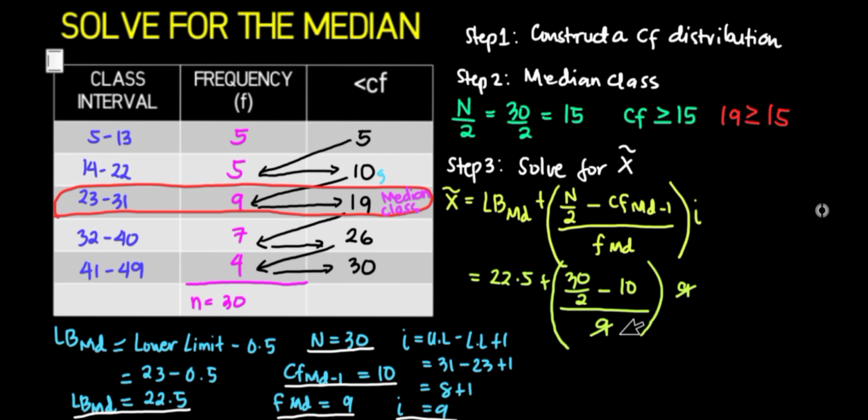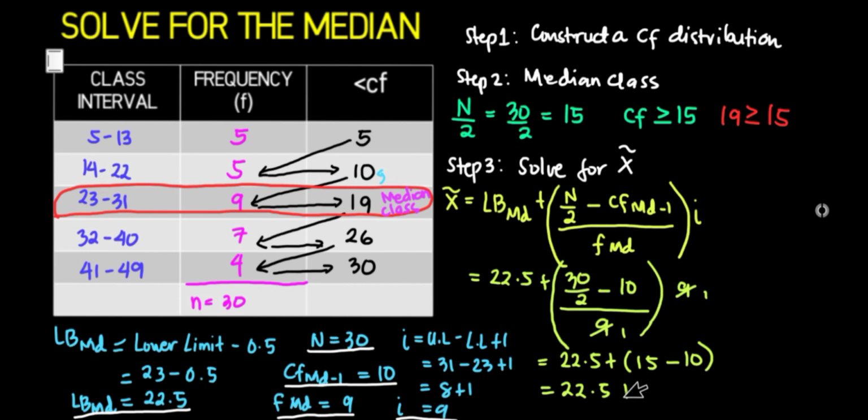So, solve ulit natin further. 9 and 9 pwede ko makancel. So 22.5, plus, since over 1 na lang to, yung taas na lang po yung matitira. So, solve natin yung nakataas. 30 divided by 2 is 15. So, yung 1 na lang din natira dito, so hindi na natin isusulat.